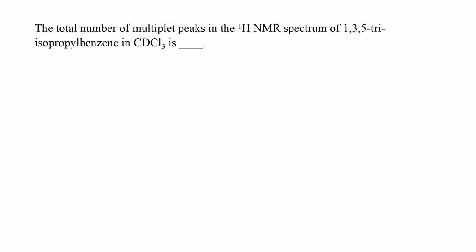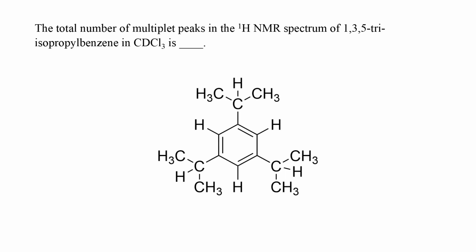The next question says, the total number of multiplet peaks in H1 NMR spectrum of 1,3,5 tri-isopropyl benzene in CDCl3 is. Now, you can draw the structure. This is 1,3,5 tri-isopropyl benzene. Count the number of equivalent hydrogens.